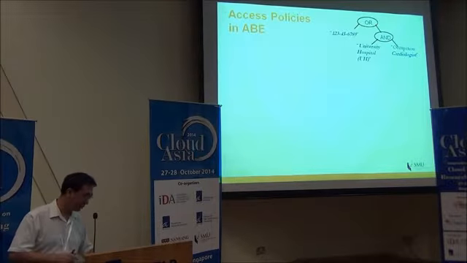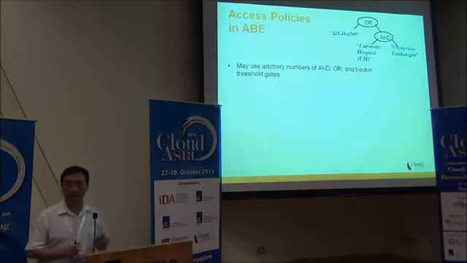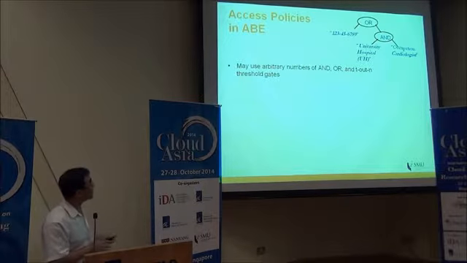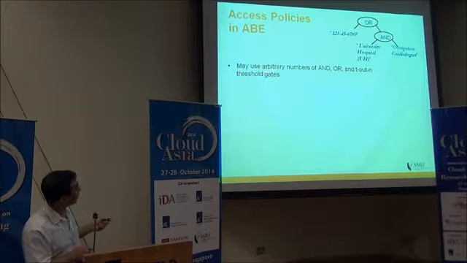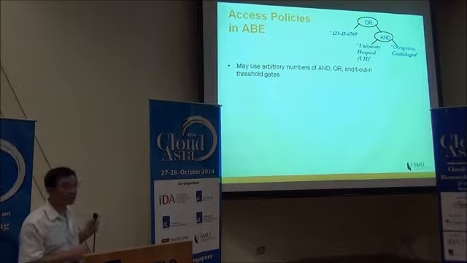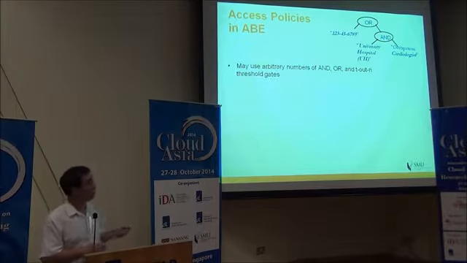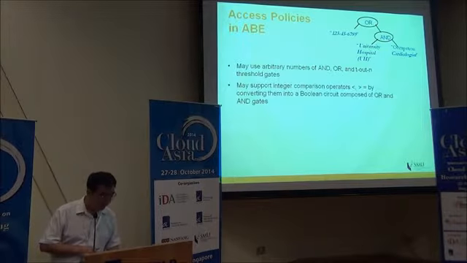So how expensive is attribute-based encryption? In the policy, it can support an arbitrary number of AND, OR and k-out-of-n threshold gates. So this tree can be very large.